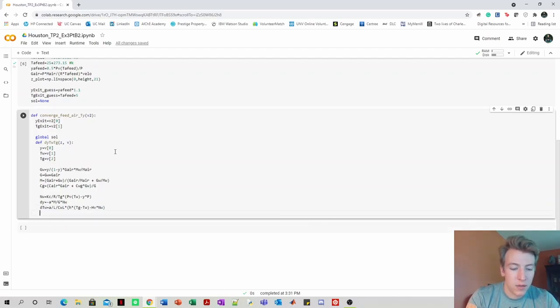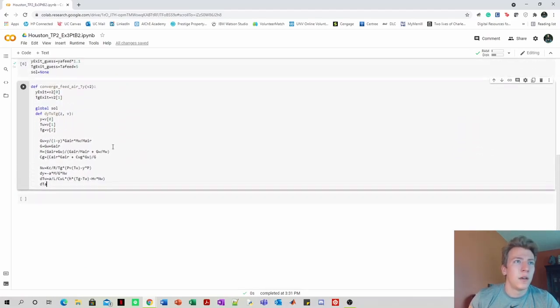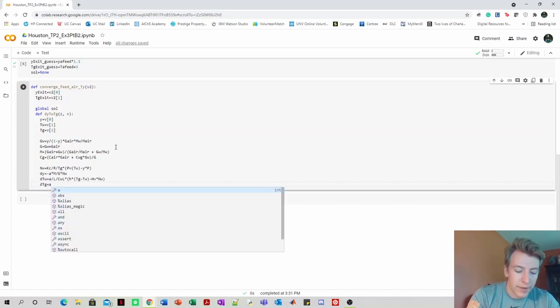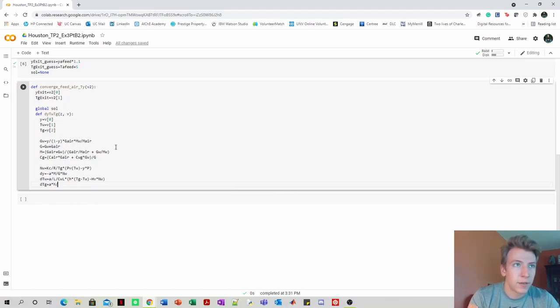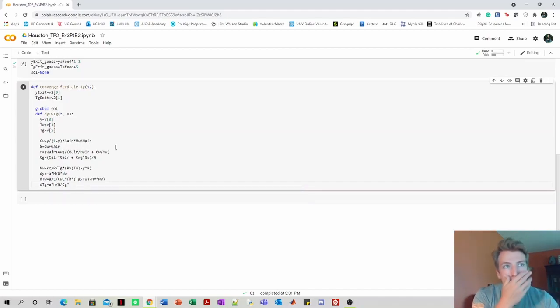Next, dTG for gas is going to be equal to the specific area times the heat transfer coefficient divided by the total gas flow rate times the heat capacity of the gas, times the temperature difference, which is TG minus TW, forgot parentheses there.